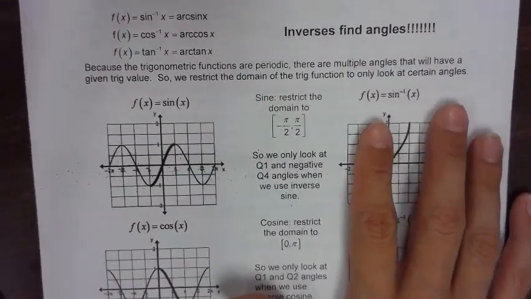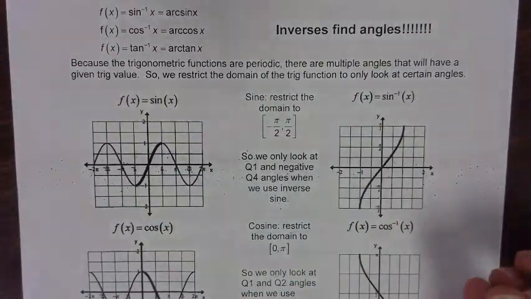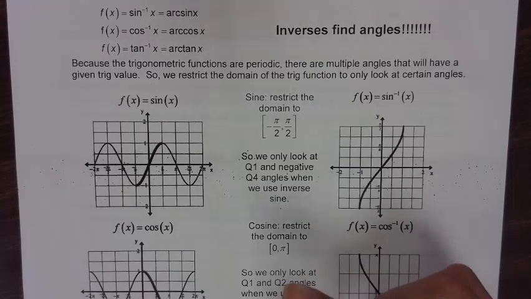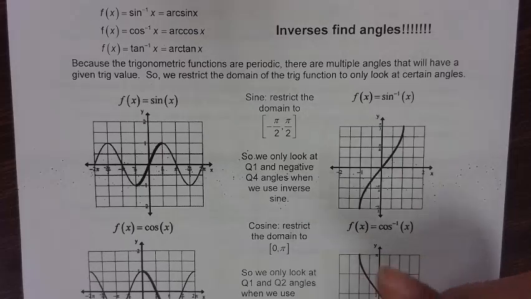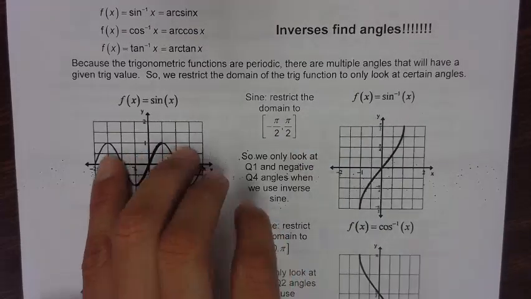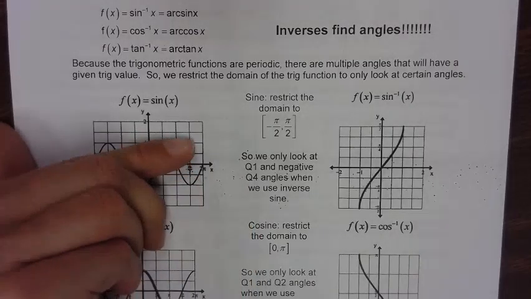Okay, so first of all, if you remember, if you talk about a function, that means that it will pass a vertical line test. Okay? An inverse function, we flip x and y.